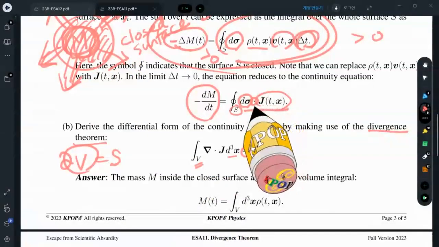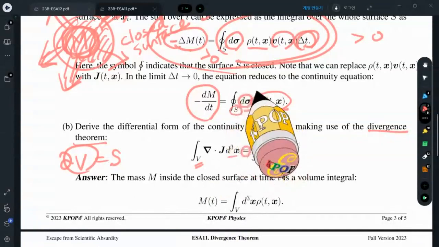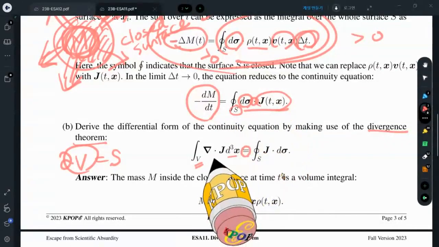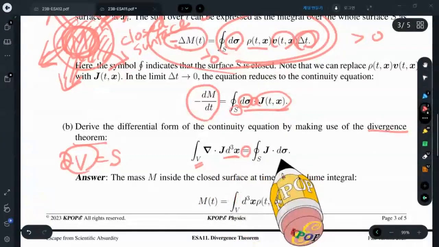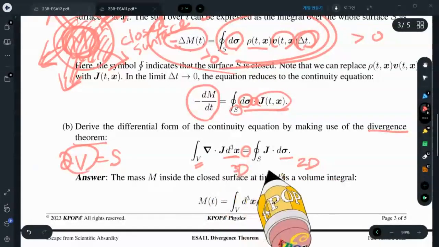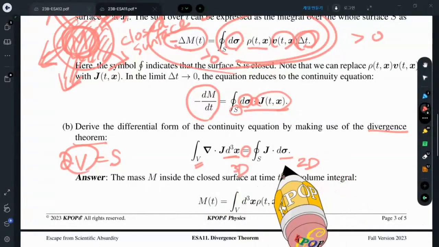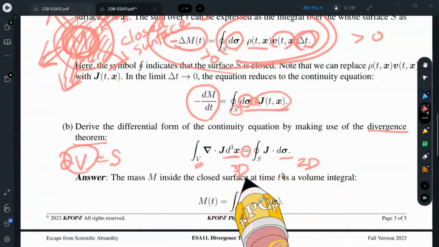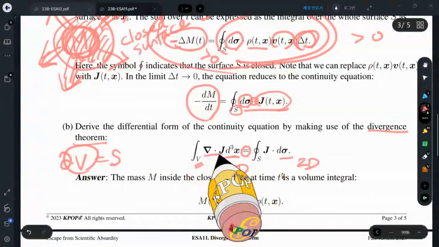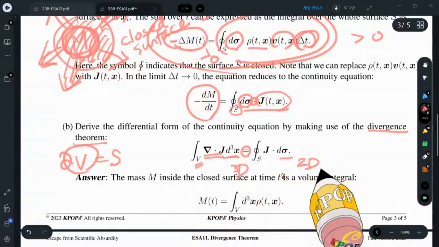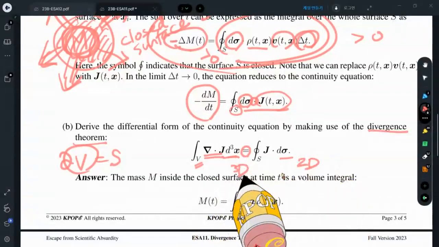And this current J dot d sigma over the surface is replaced with the volume integral. So this is a 2D integral, this is a 3D integral, right? So because we have increased the number of integrations, there must be a differentiation. That is the divergence. Okay, so the 2D integral becomes a 3D integral over volume.